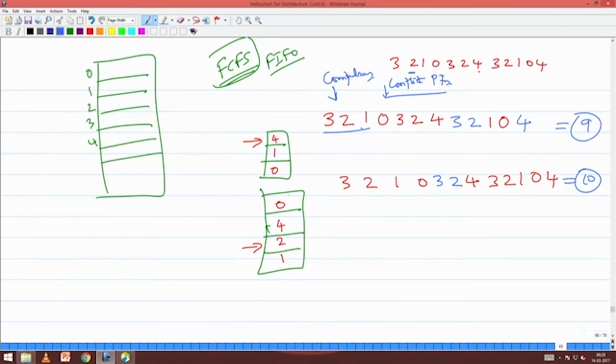This anomaly you and me could have found out, but well before our birth Belady found it. So this is called Belady's anomaly. By the end of your course you might also find some anomaly, and you can put your name there.